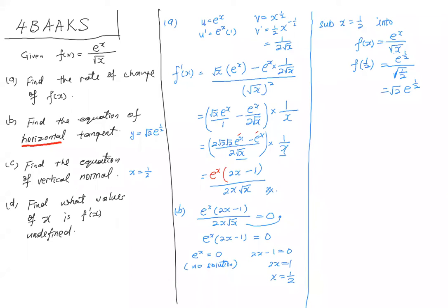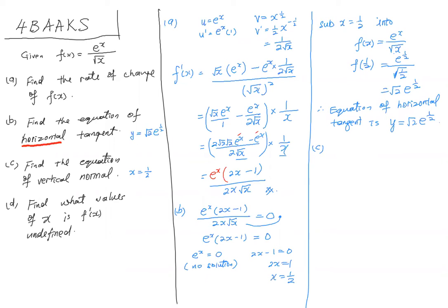So therefore, the equation of horizontal tangent is y equal to root 2 e to the power half. Done.